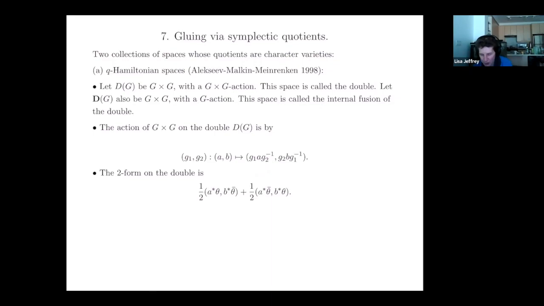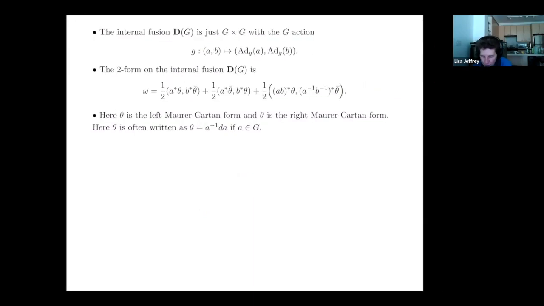There is a two-form on the double, which is constructed from the Maurer-Cartan form. Little theta represents the left Maurer-Cartan form, and theta bar is the right one. Theta is often written, if you write your group variable as A, as A inverse dA. These spaces have a two-form which is not closed and also not non-degenerate, but it accomplishes some of this.